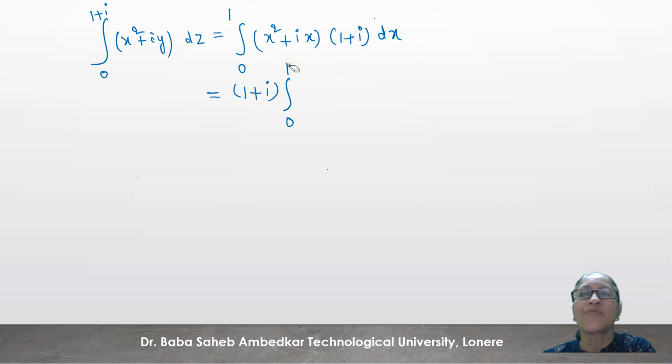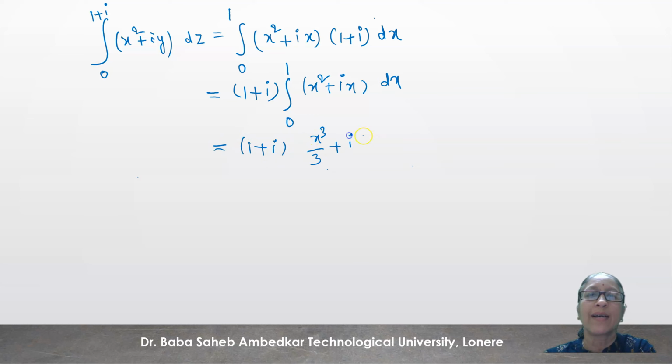So this is equal to 1 plus i times the integral from 0 to 1 of x square plus ix dx. Now integrate these two terms. So here 1 plus i into x cube by 3 plus i into x square upon 2 under the limits 0 to 1.